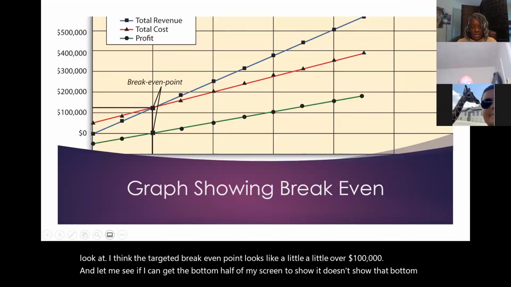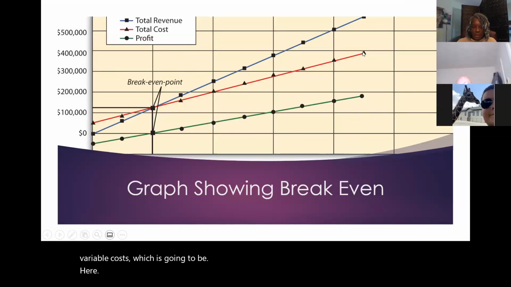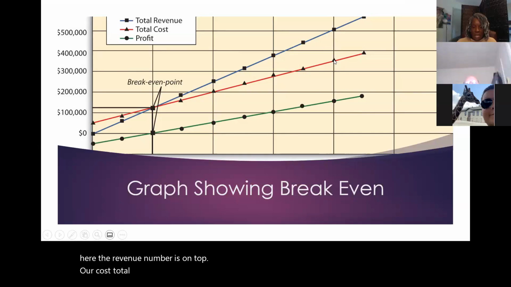But what this is saying is, at any point in time, you can see the relationship between the variable cost, the total cost here, and how it relates to the total revenue, which is here. The revenue number is on top. Our total cost is on the red line, and the profit is going to be that difference.